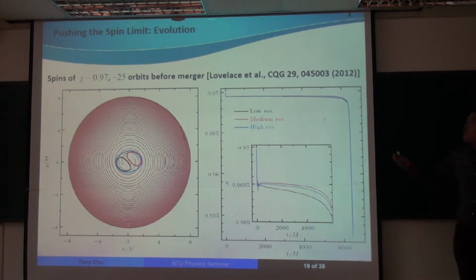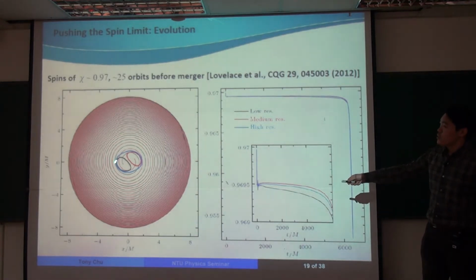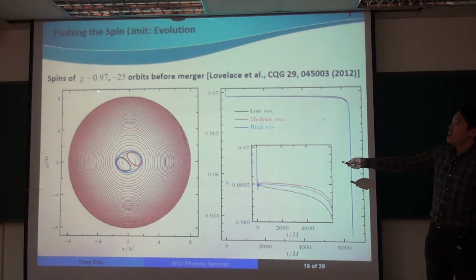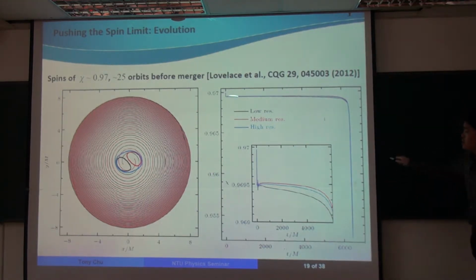And this was done by my collaborators. This shows the in-spiral merger of 2 binary black holes that have initial spins of 0.97 in the initial data. And this figure here shows the relaxation of the spin due to the emission of that junk radiation.